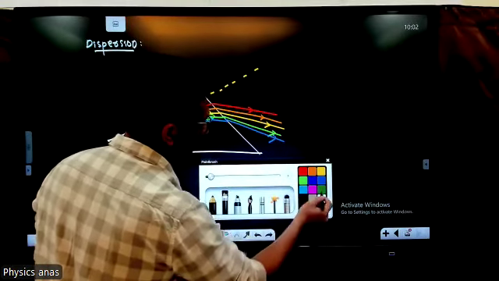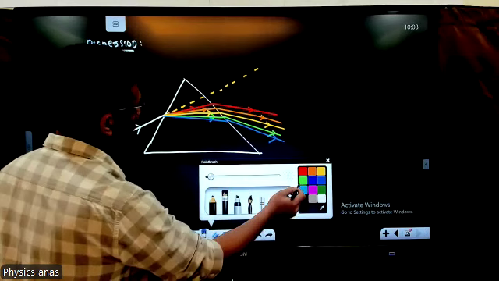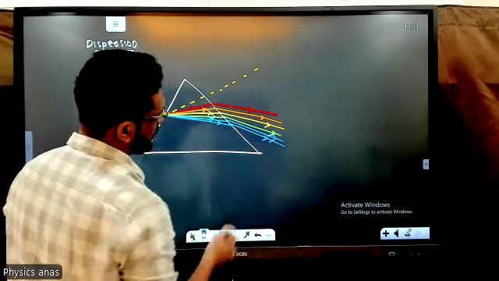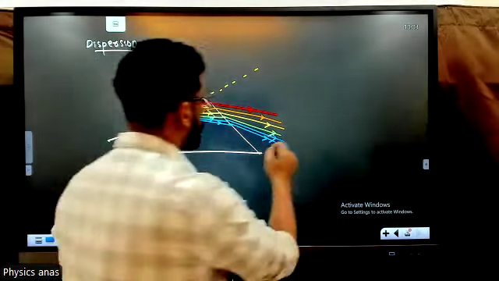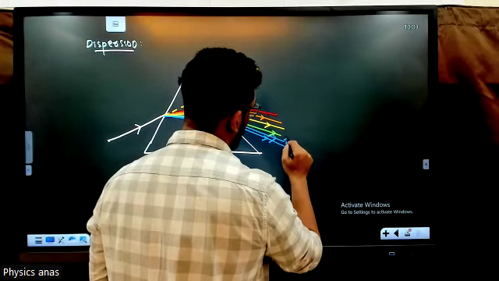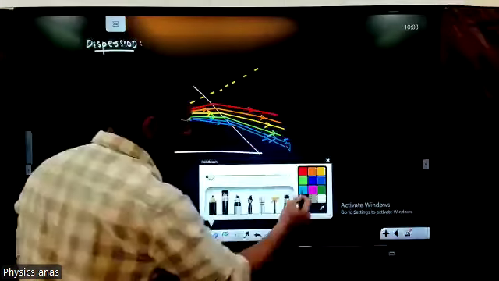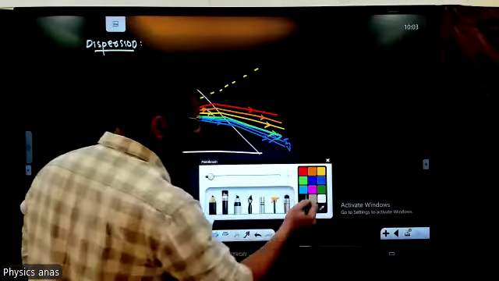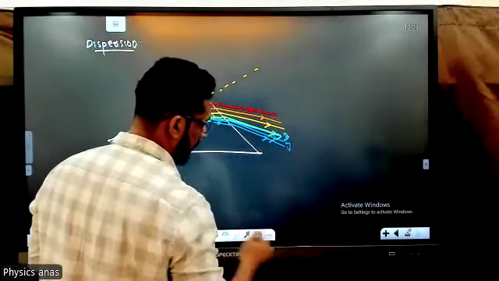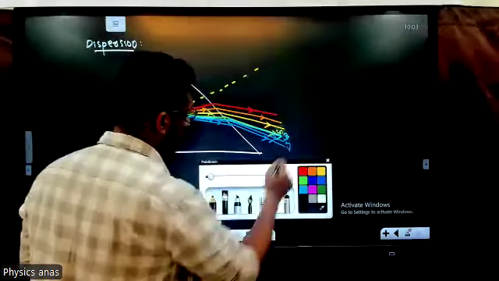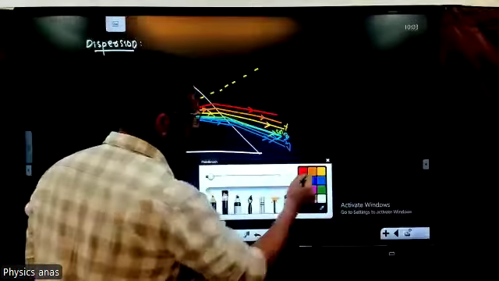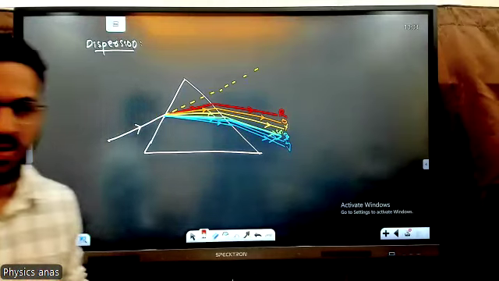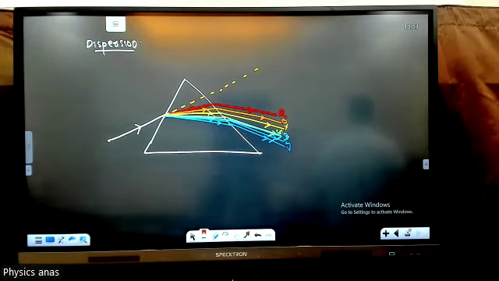So this is violet, indigo, blue, green, yellow, orange, and red. This is VIBGYOR, the 7 component colors of white light.